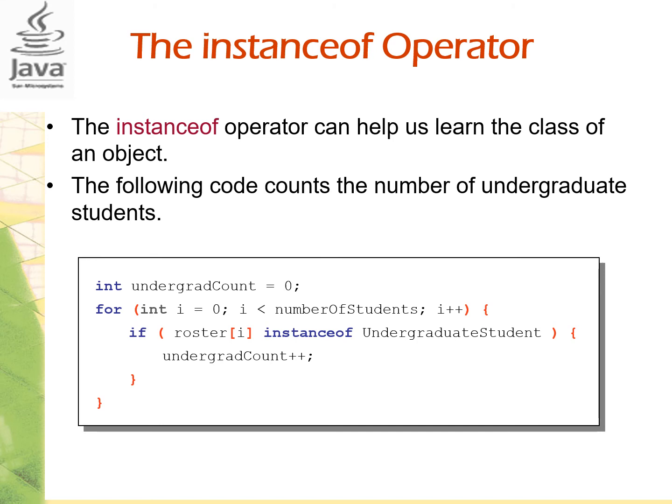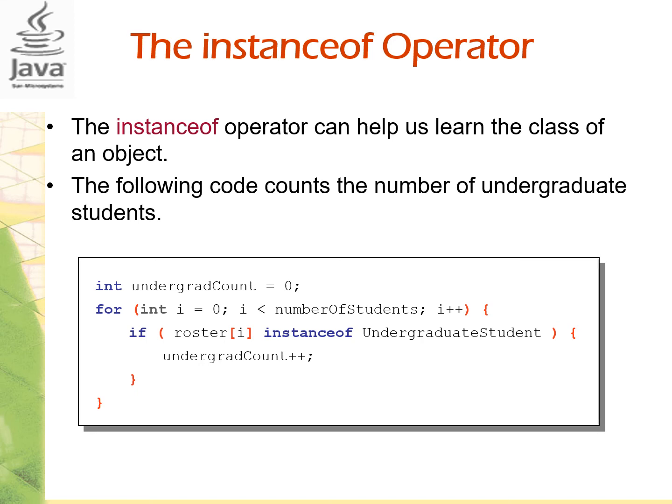Let's say we look at I equal to 0, so it will look at roster 0, the index of the array at index 0. It will check whether the instance of the object at index 0 is an undergraduate. If it's true, then you'll do something about it.